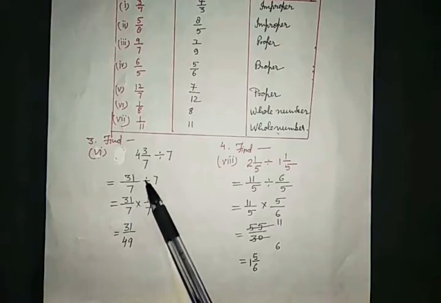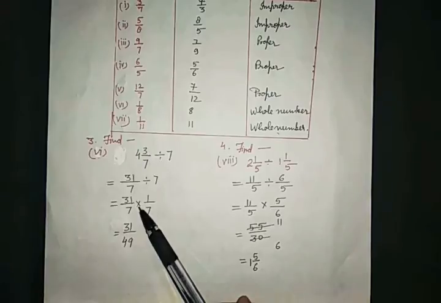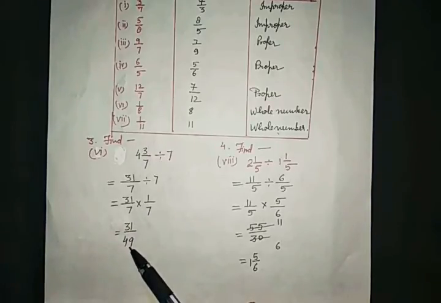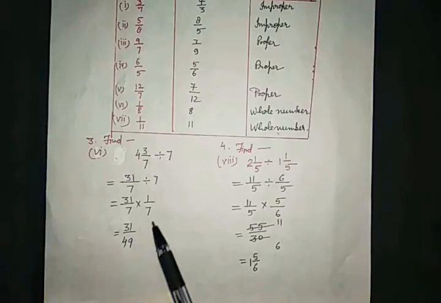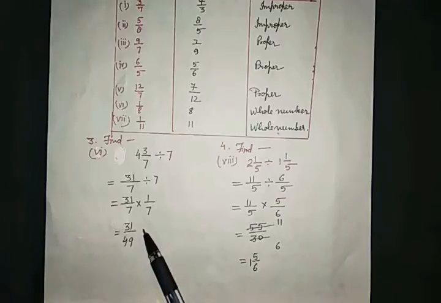Here 31 upon 7 into 1 upon 7. 31 into 1 equals 31, and 7 into 7 is 49. Now you can see that you cannot reduce it.